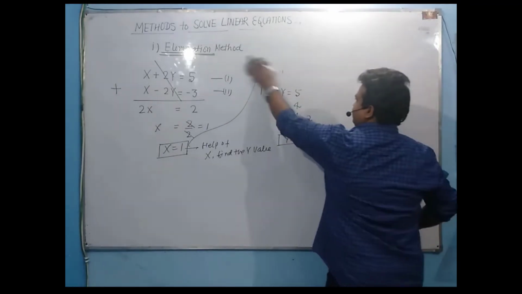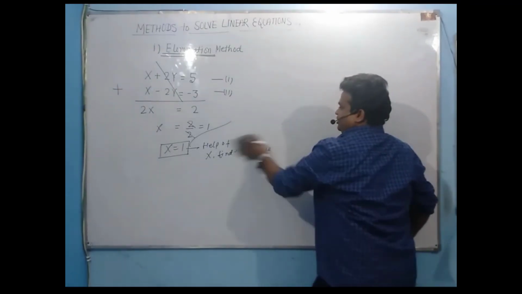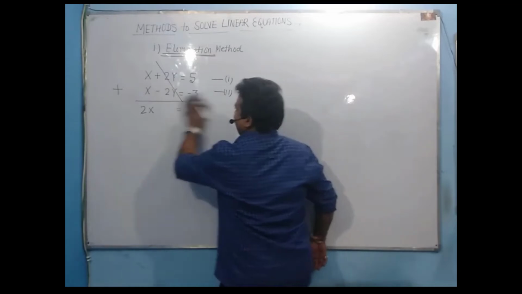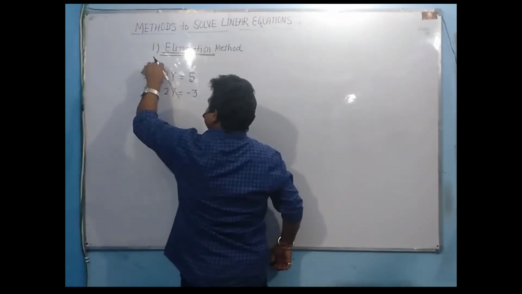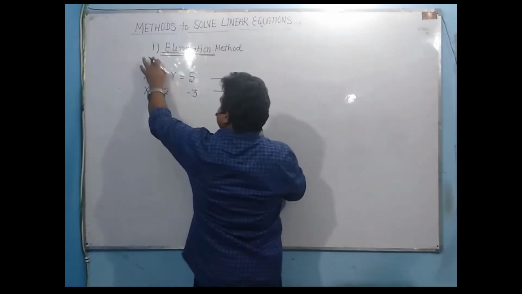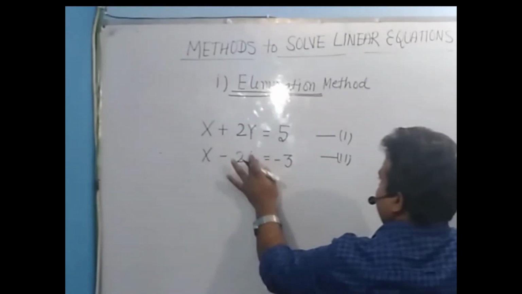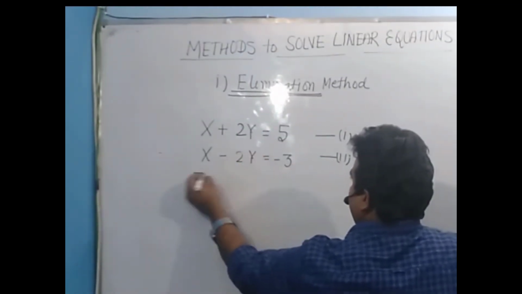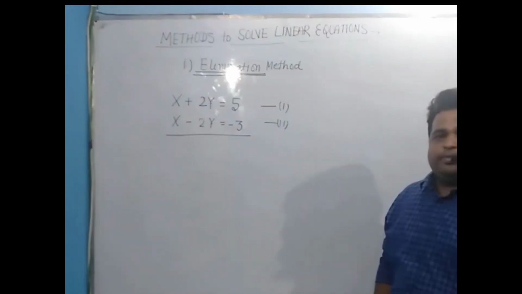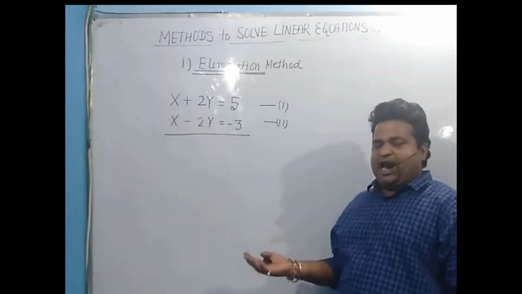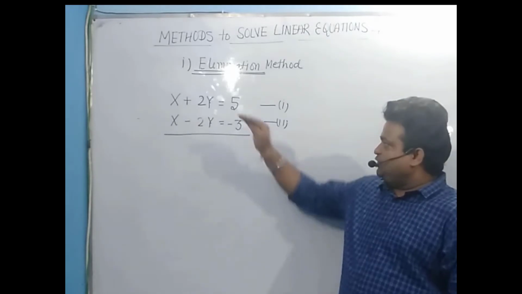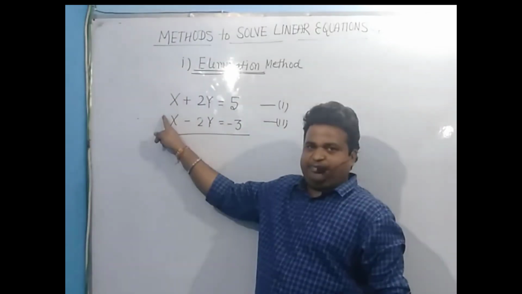Now the same question, I am going to solve by subtracting the equations. Since this is 2y and this is 2y, there is no problem. Instead of adding, I can subtract also, because the coefficient of x is also the same.